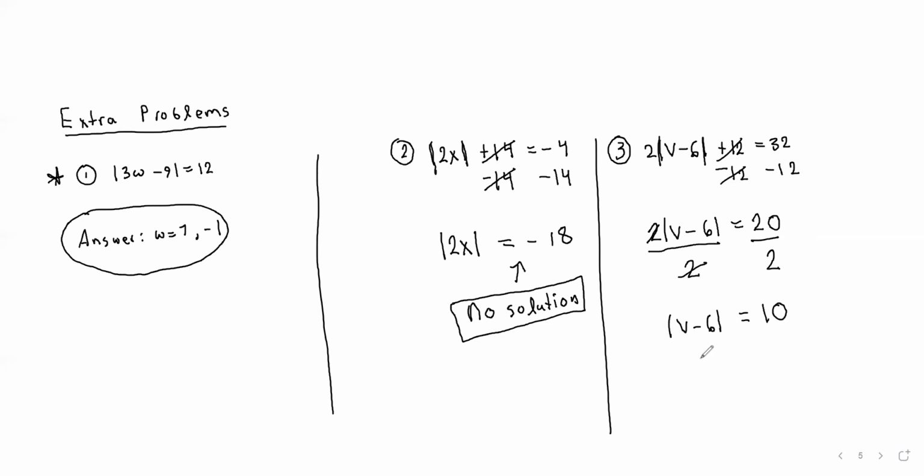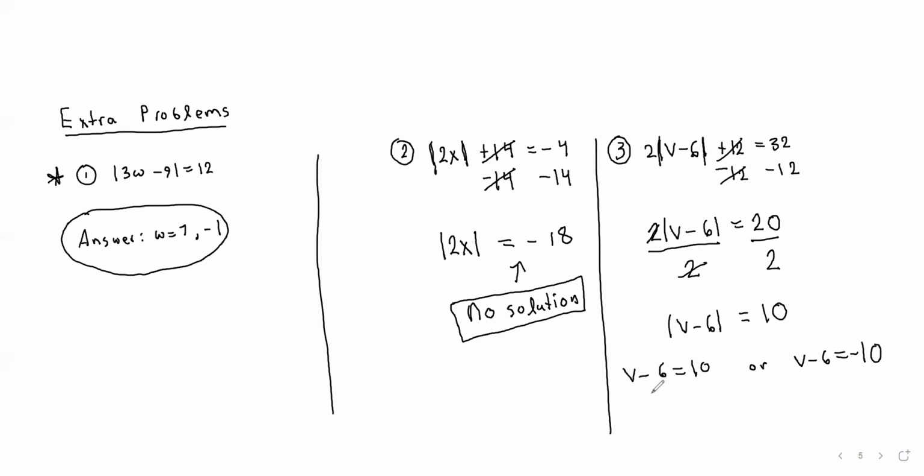We're going to use the rule that if the absolute value of something is equal to a positive number, then you can set the inside equal to the positive or negative of this number. So we just need to solve v minus 6 equals 10, or v minus 6 equals negative 10. Once we solve these, we have our answer.